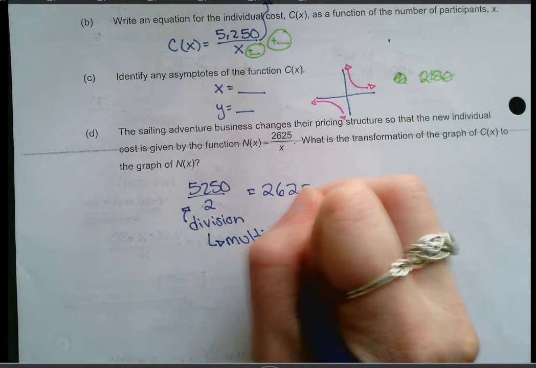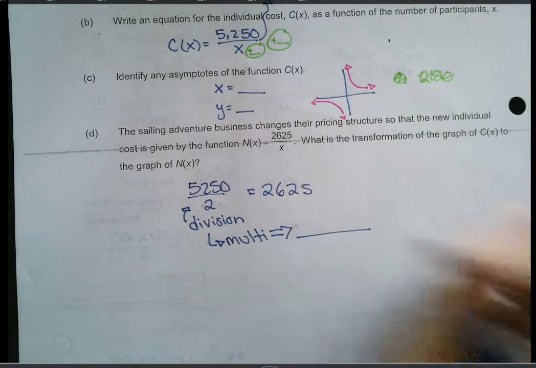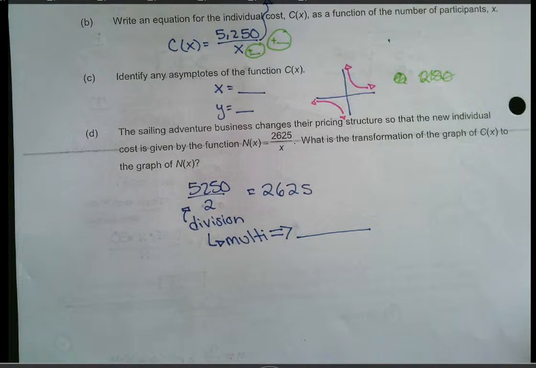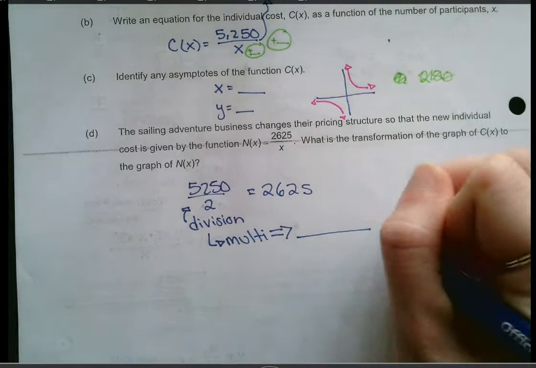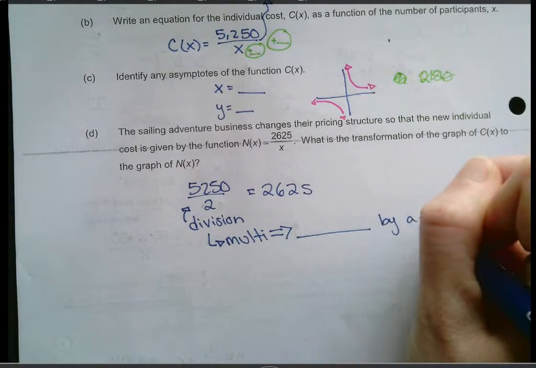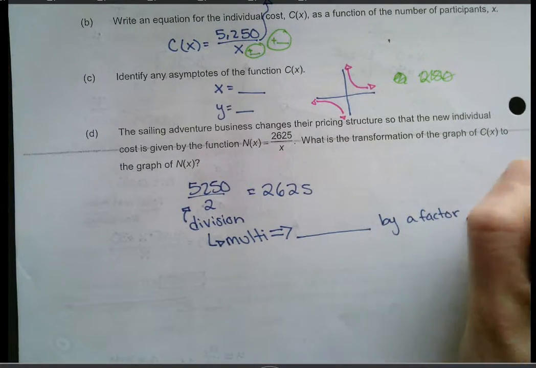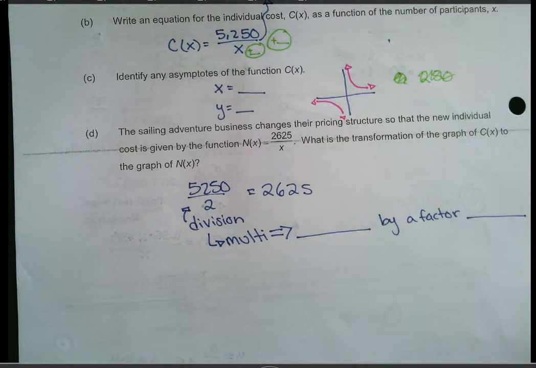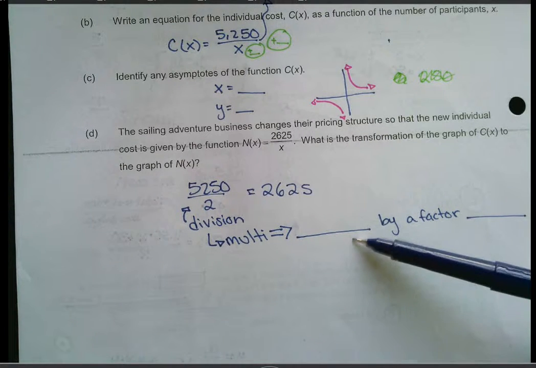And what type of transformation is multiplication? That is your key in figuring this out. Then you say by a factor of what? So a little hint for your transformation. Now, what are you multiplying by? Well, if I'm doing division, think that through. You need both of these to get both points.